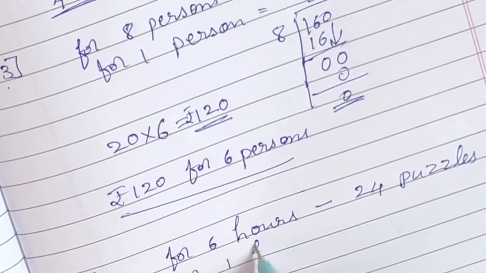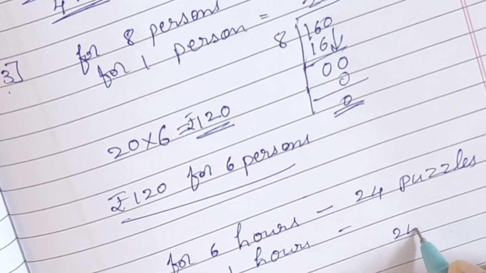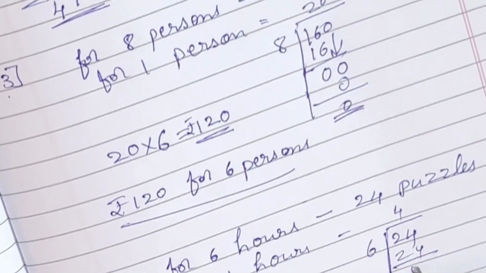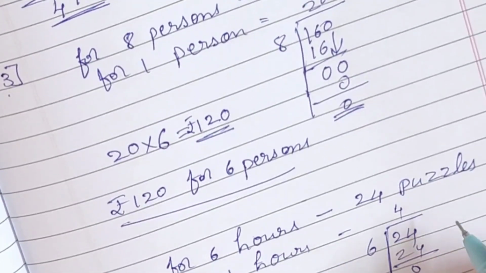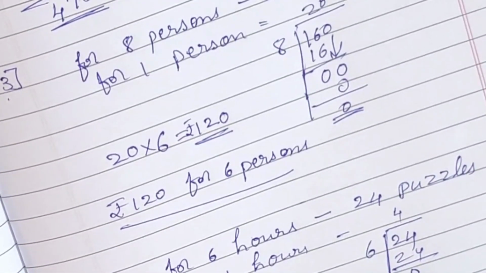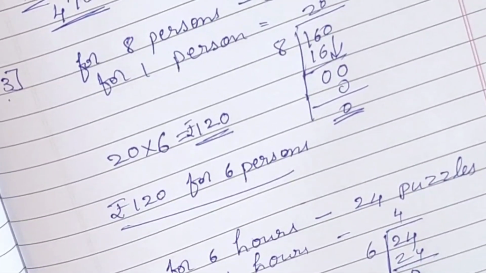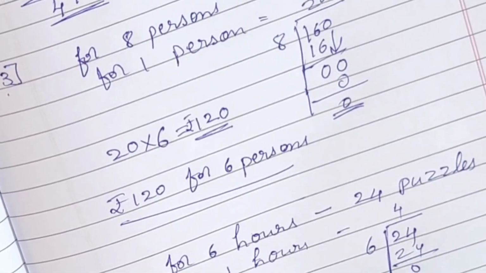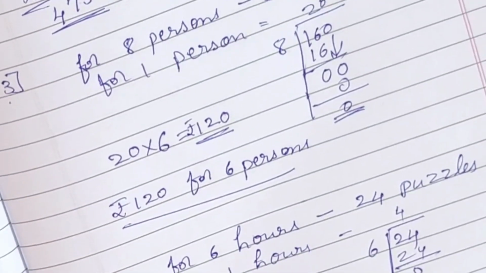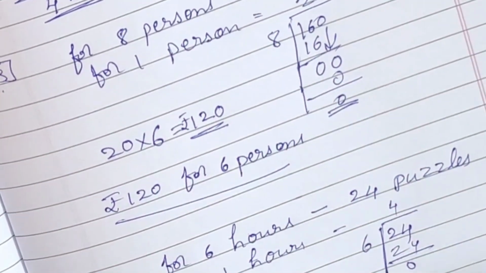For 1 hour, how many puzzles she solved? So 24 divided by 6. So 4 puzzles, she solved 4 puzzles. So now 4 into 2. Answer is 8 puzzles. Understood?